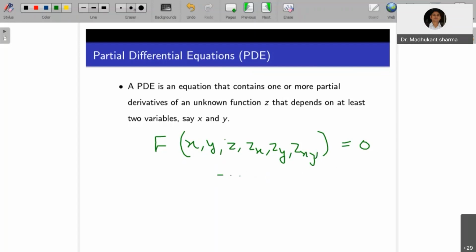Here this bracket will not end. I'm just putting the dot dot dot.